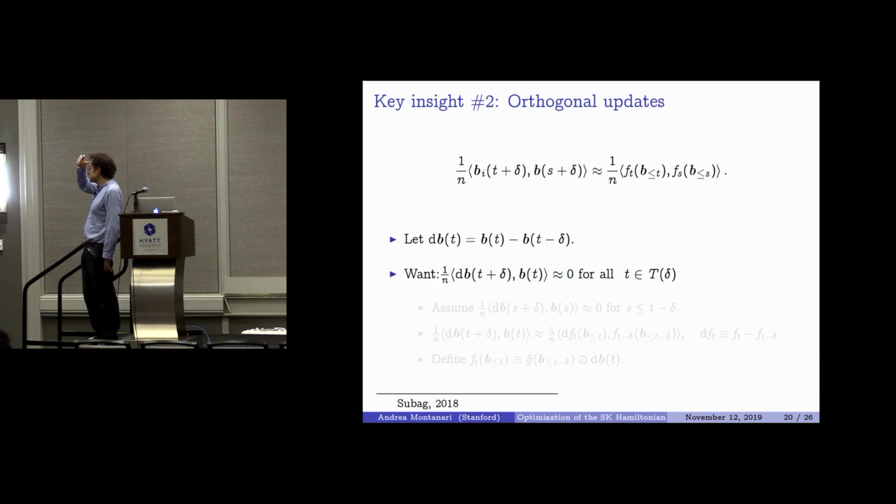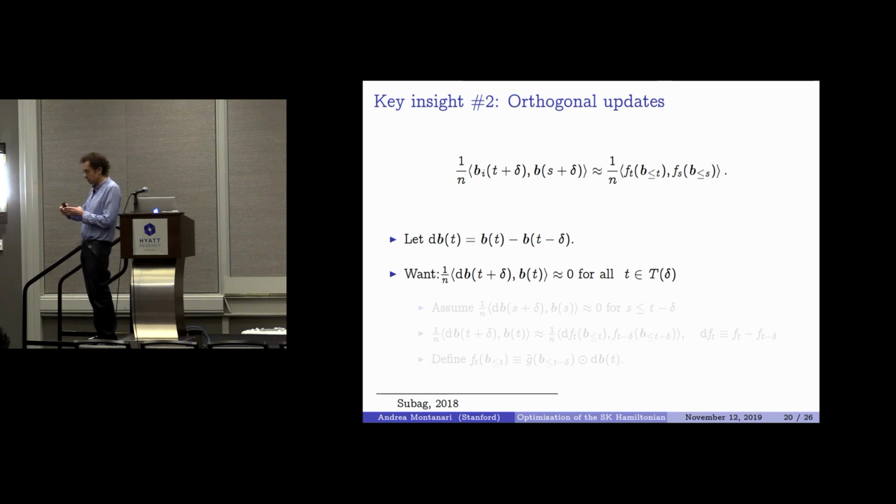The second key insight is that you gain a lot of simplicity if you constrain your update to be orthogonal. Orthogonal means, in the following sense, that the change between B and B at the next step I want to be orthogonal to B at the previous step.